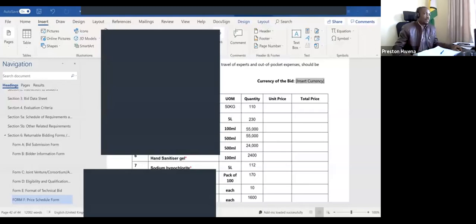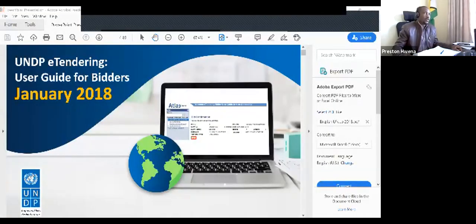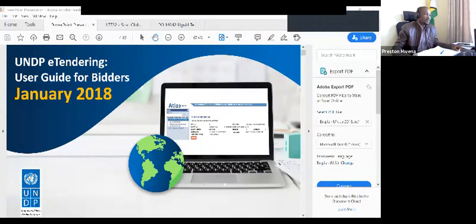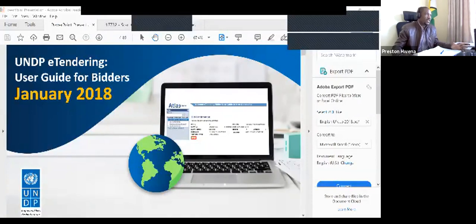I'll not talk much about this document today because it's only 2 out of the 14 bidders in attendance who are not yet registered.